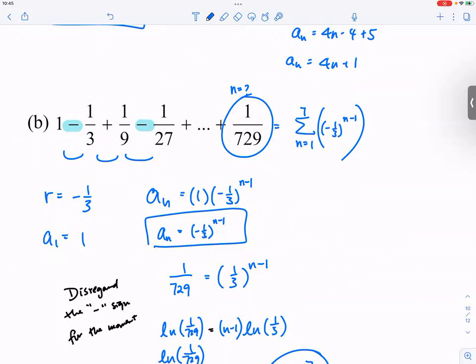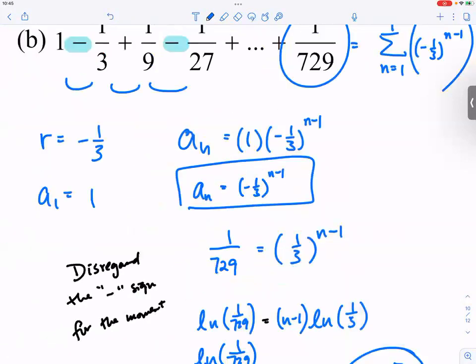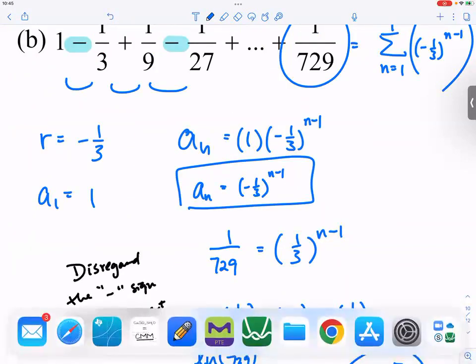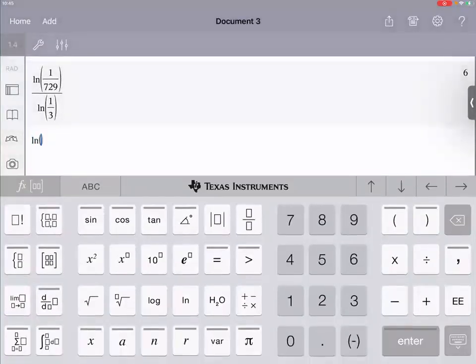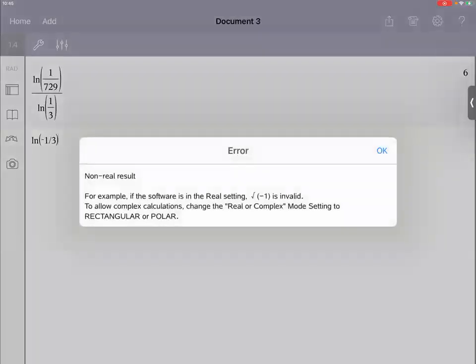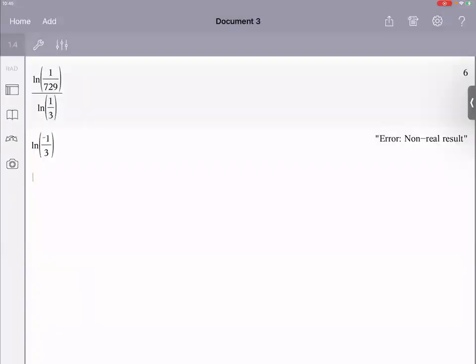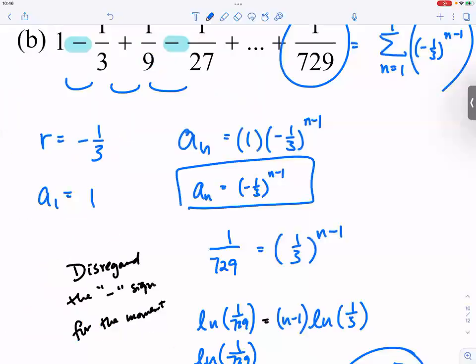But this one is particularly challenging because there's a negative right there. And if you go back to the calculator and type natural log of -1/3, guess what the calculator will tell you? Non-real results. And if you don't know how to deal with the situation with good justification, then it's going to be a pretty challenging, daunting task.